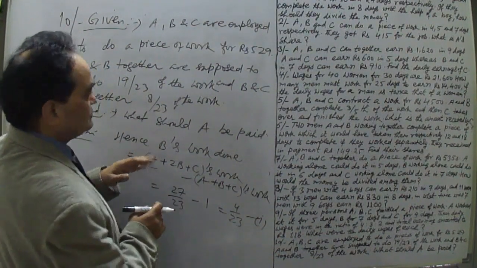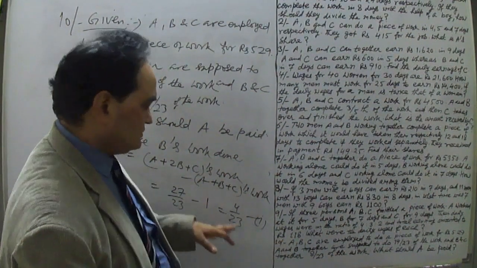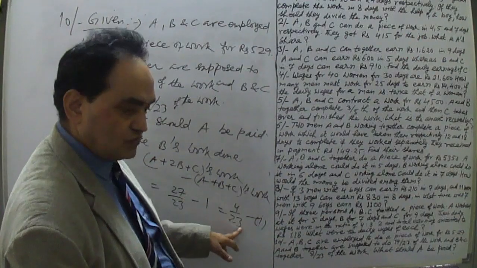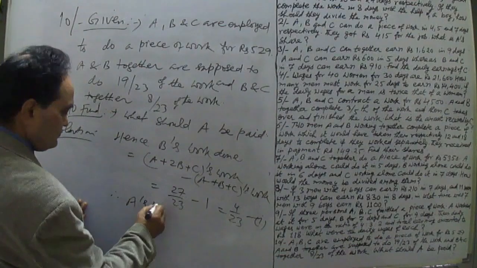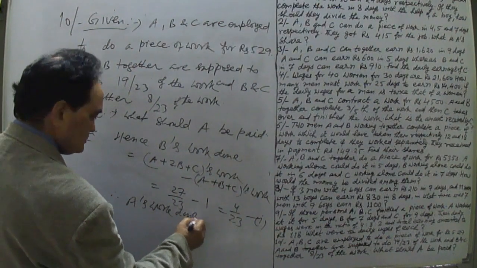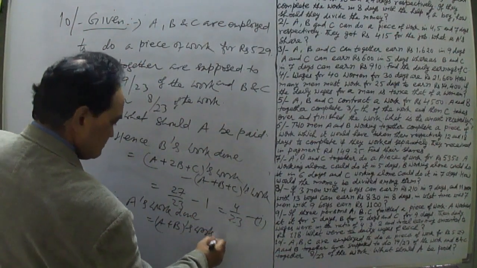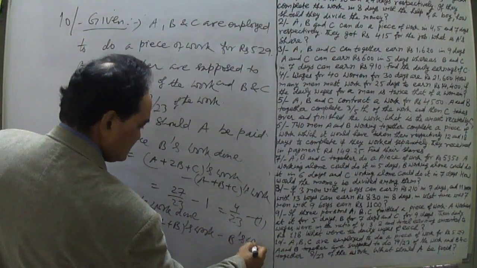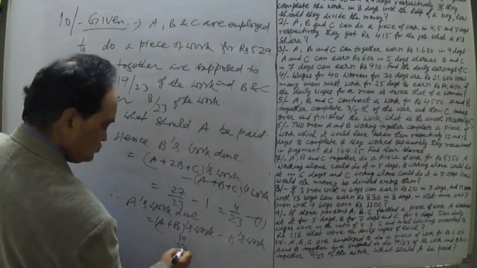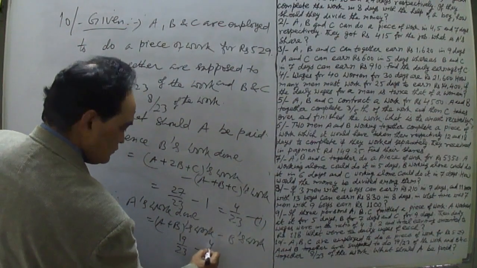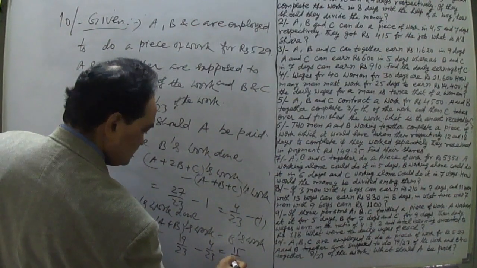Now A plus B has done 19 upon 23. So if I subtract this 4 from 19, it will give us A's work. Therefore, A's work done is equal to A plus B's work minus B's work, that is 19 upon 23 minus 4 upon 23. A's work is 19 minus 4, 15 upon 23.